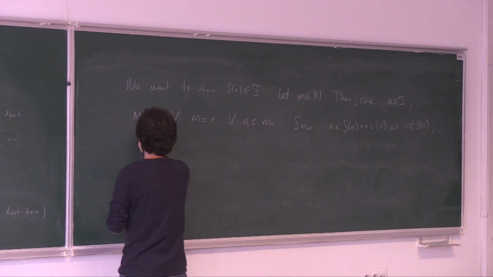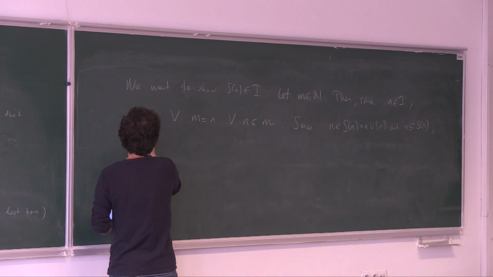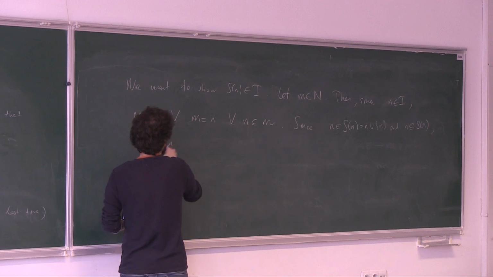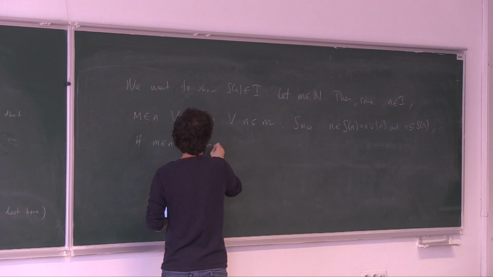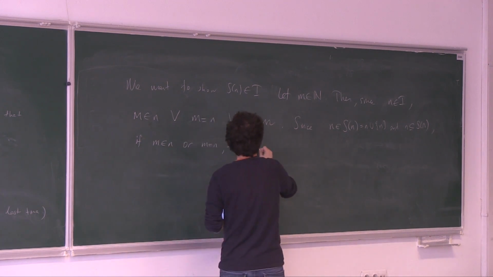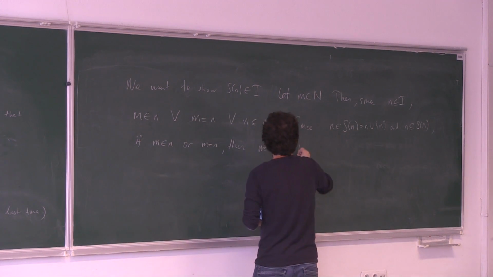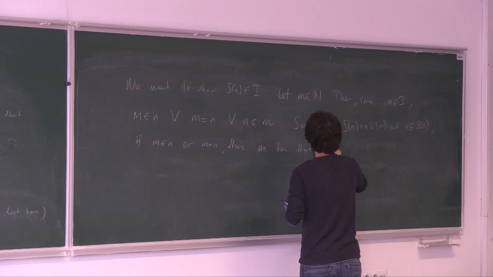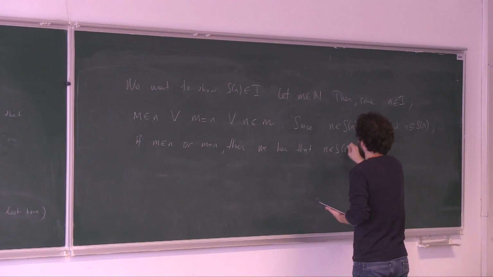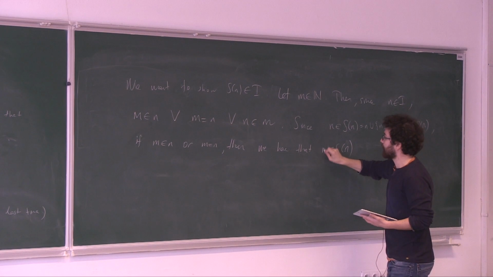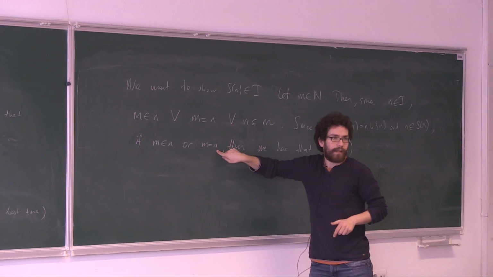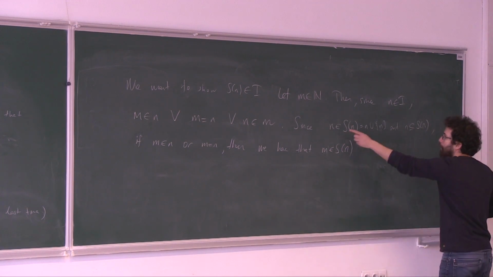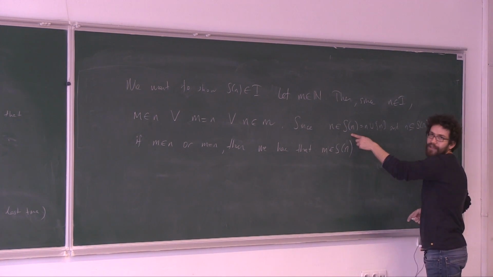Since this happens, if we're in this case or in this case, then we have that m is a member of S of n. You see, if m equals n, then m is a member of S of n.